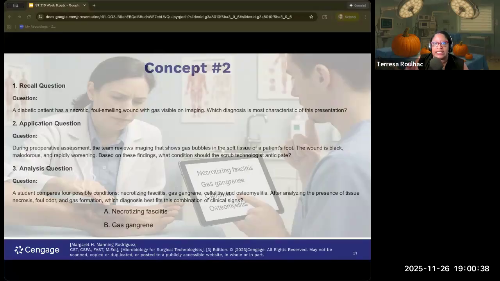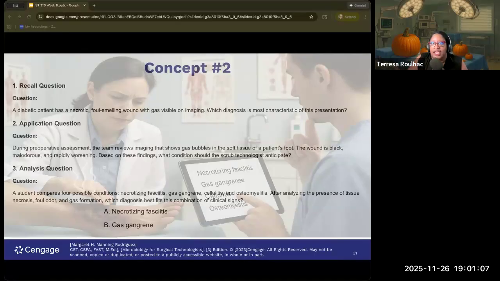Gas gangrene is characterized by rapid tissue necrosis, foul-smelling discharge, systemic toxicity, and gas production in soft tissues. It's visible in imaging as gas bubbles. But a lot of people usually pick necrotizing fasciitis, which is rapid and severe, but gas is less common. So that's the trigger word. It's less commonly presented than in gas gangrene.